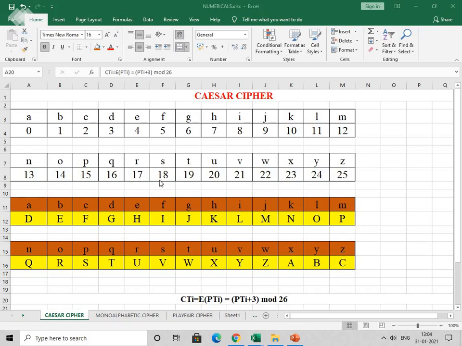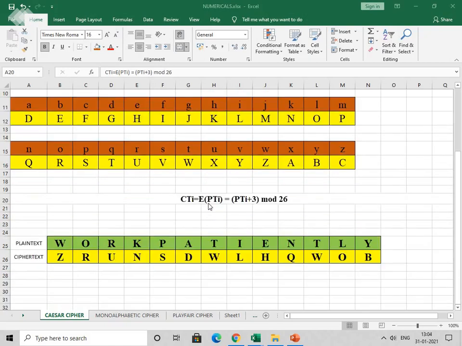Using this encryption, the message can be written like this. Suppose, for example, I have taken a plain text message as work patiently, right?